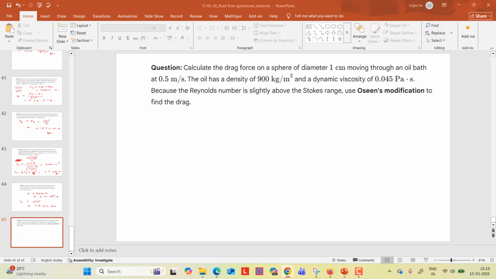Because Reynolds number is slightly above the Stokes range, use Oseen's modification to find the drag. So Oseen's modification will be CD equals to 24 by Re into 1 plus 3 by 16 into Re, right? So first we'll calculate the Re, then we will be coming. So Re is your rho UD by mu.